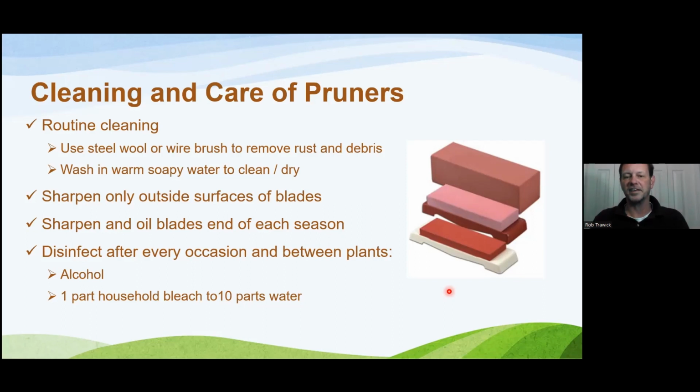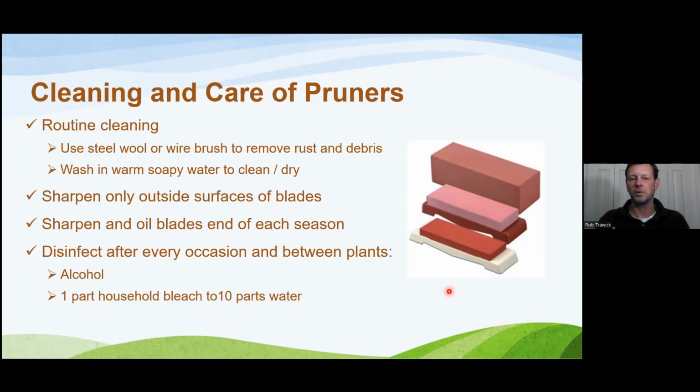A big thing is that when you're pruning, you can have some disease on a particular plant. Boxwoods immediately come to mind because there's a disease called boxwood blight. Because of this, you want to make sure you disinfect between prunings, because oftentimes if we prune into a diseased plant, the pruners can actually become a vector of disease, just like an insect would.